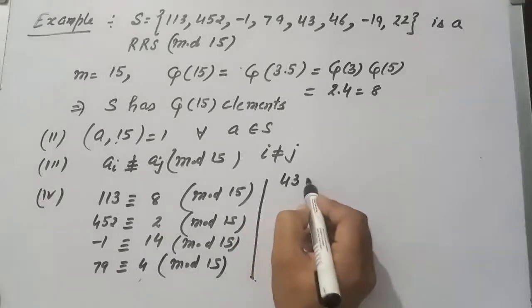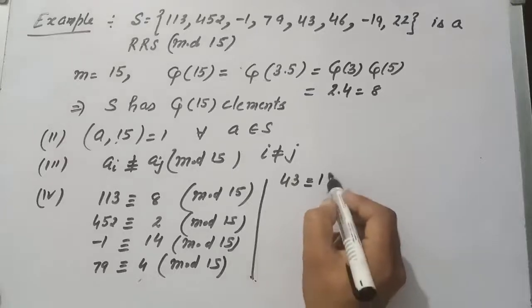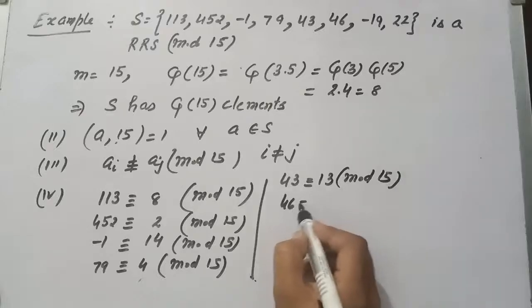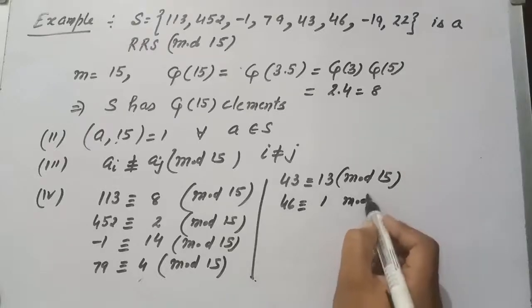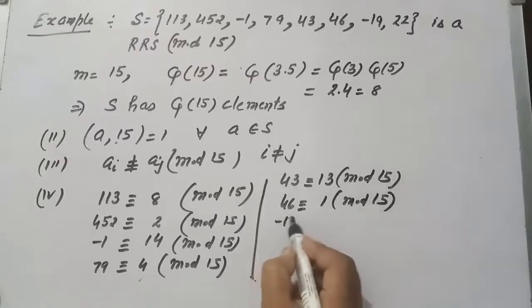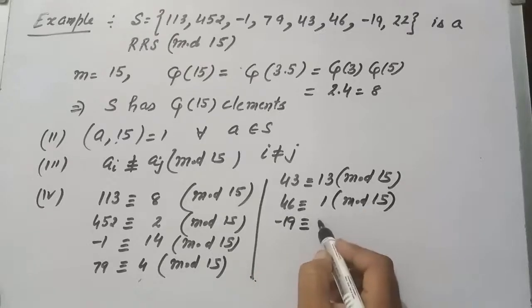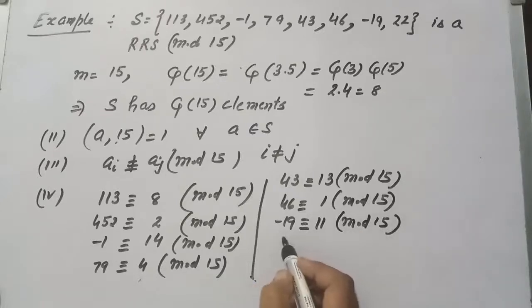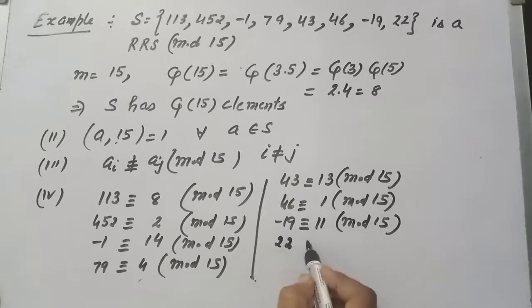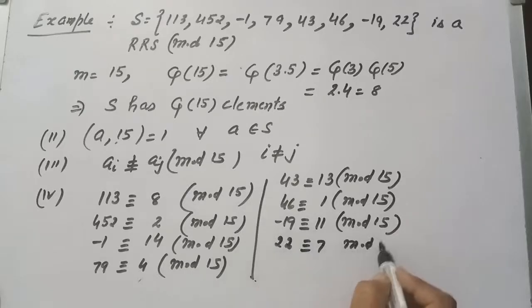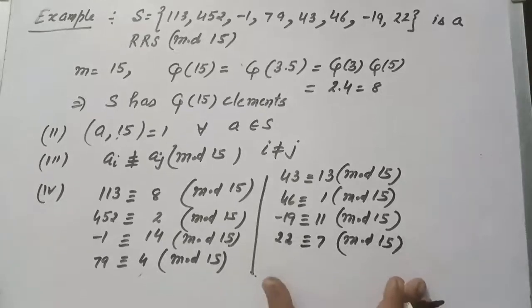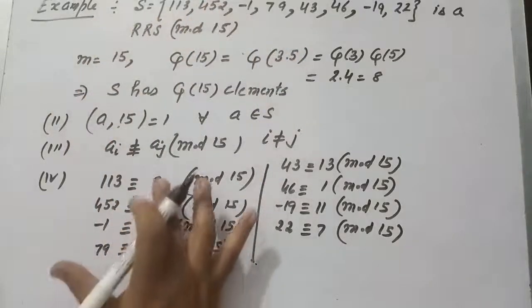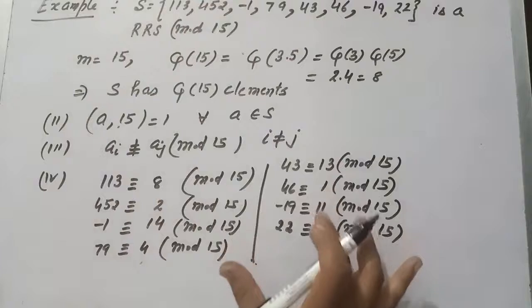Similarly, 43 is congruent to 13 modulo 15. 46 is congruent to 1 mod 15 and minus 19 is congruent to 11 mod 15, and the last one is 22, which is congruent to 7 mod 15. So what we have checked here is that any integer in the set S will give the remainder 8, 2, 14, 4, 13, 1, 11 and 7.